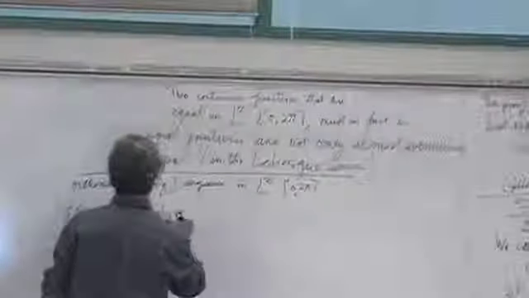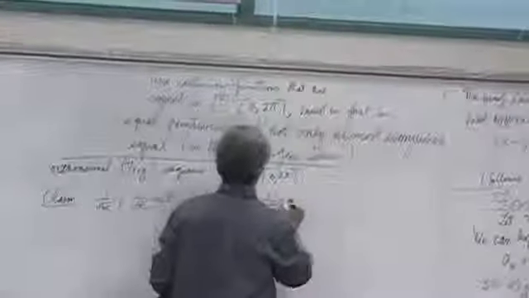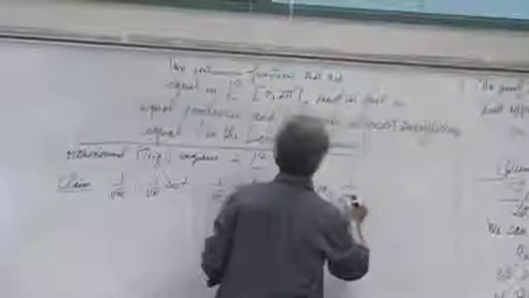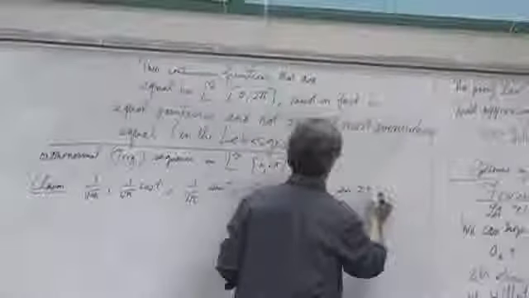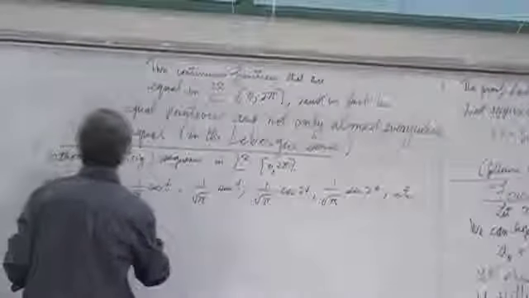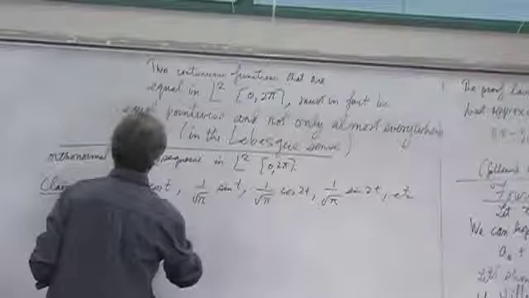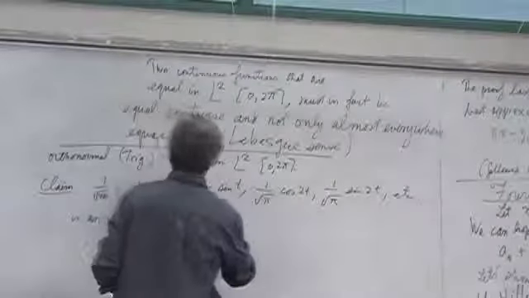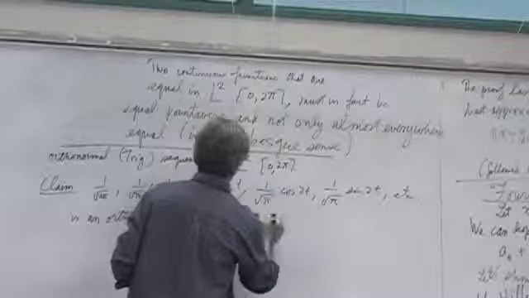The claim is that 1 over the square root of 2 pi, 1 over the square root of pi cosine t, 1 over the square root of pi sine t, comma 1 over the square root of pi cosine 2t, 1 over the square root of pi sine 2t, etc., is an orthonormal sequence in L2.